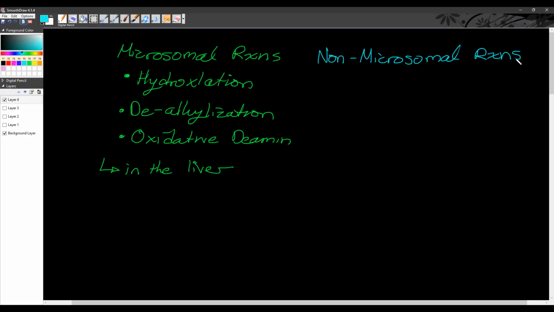And in fact, you're more likely to find these in places like nerves, the lung, the GI tract, plasma, and the liver. So microsomal reactions, liver only, non-microsomal, many, many other places.